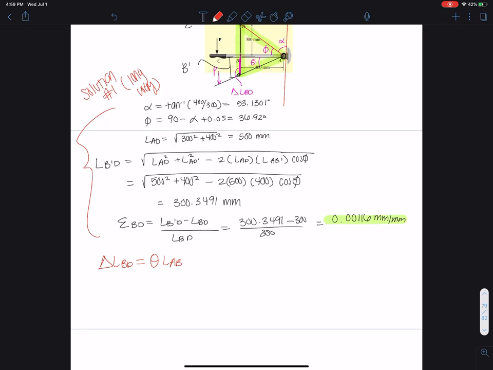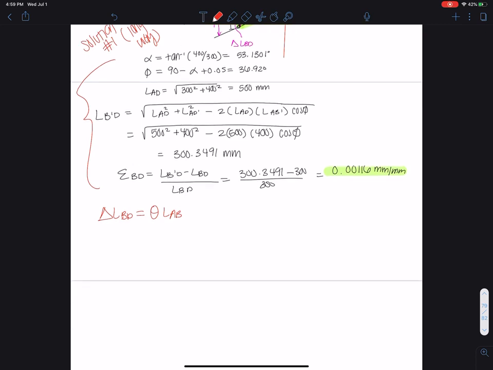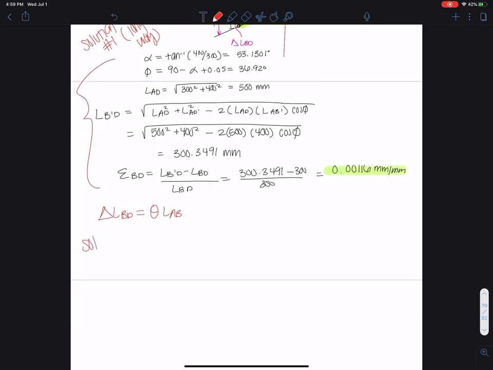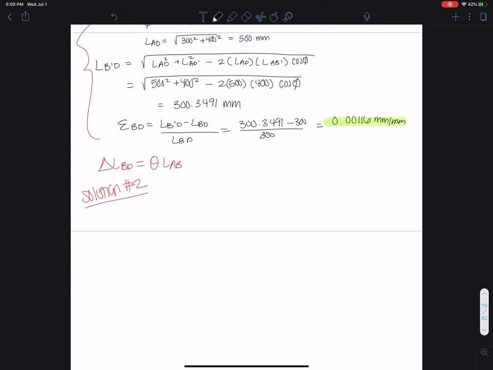Okay. So here is solution 2. And this is the one that you need to know. You don't need to know how to do solution 1. Okay, you just need to understand the assumptions and the approximations and kind of get to the point where you understand that that's okay to do, okay? So this only works for small strains, which is always the case for CE problems.